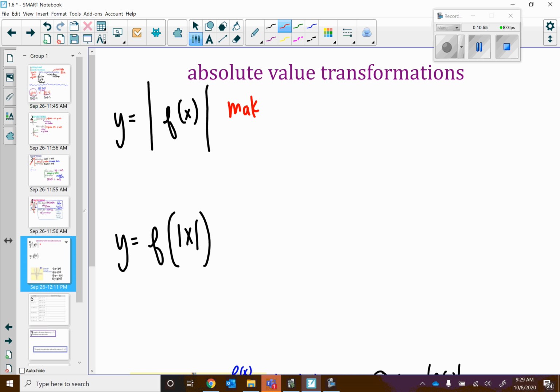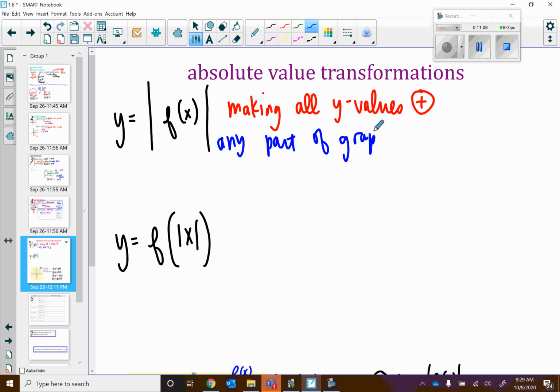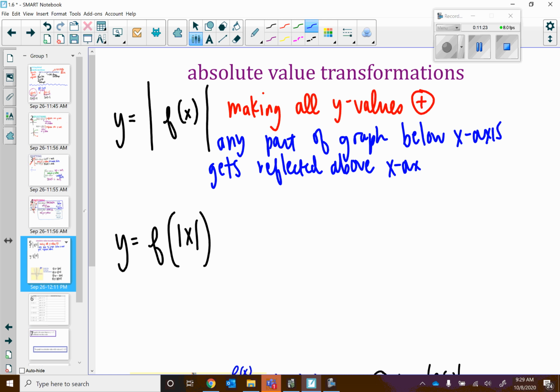So you're making all y values positive. When we do this, any part of the graph that is below the x-axis gets reflected above the x-axis, right? Any negative y values get flipped up to become positive.